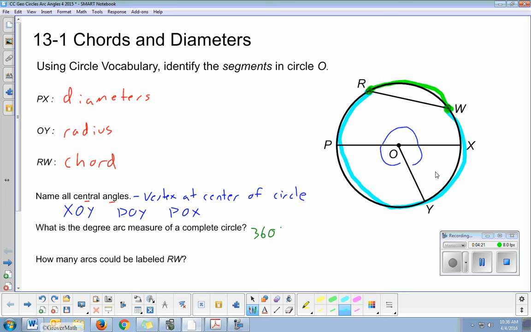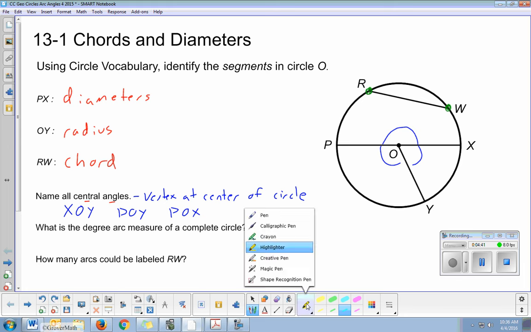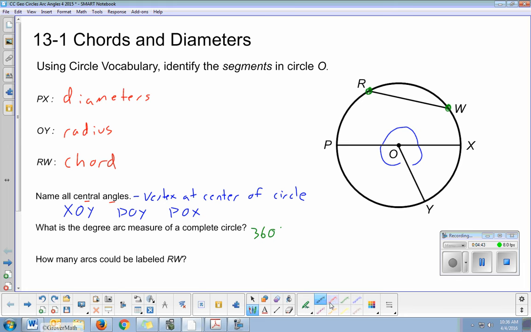Now, let's pretend these other letters aren't there for a second. That's what major arc RW would be. Because they are there, it really wouldn't be called RW. It would be RPYXW. But the point is, sometimes arcs can have two different names, and we'll specify them as major and minor. So in this case, I guess we could say the answer is 2.